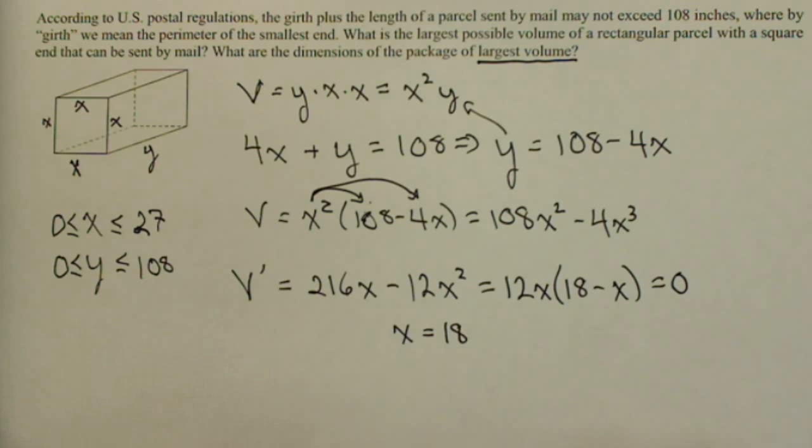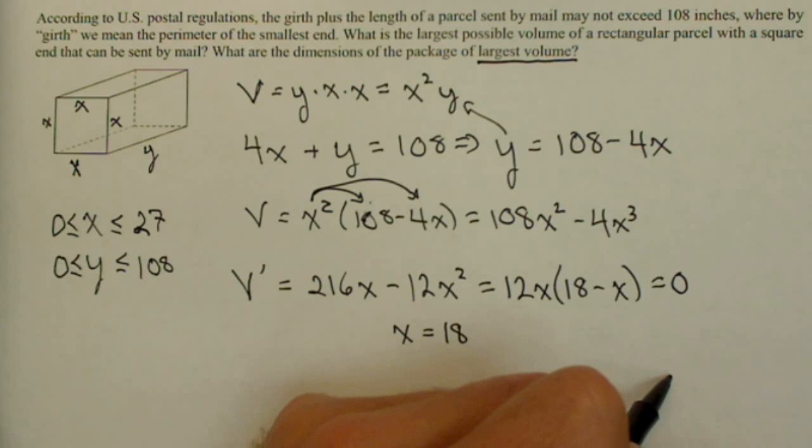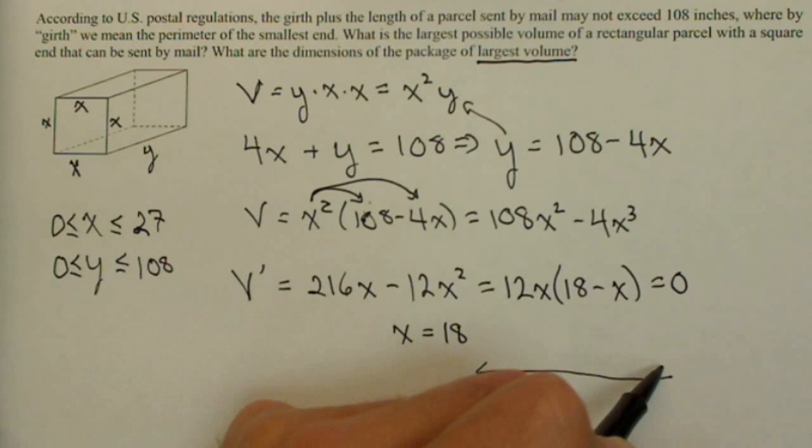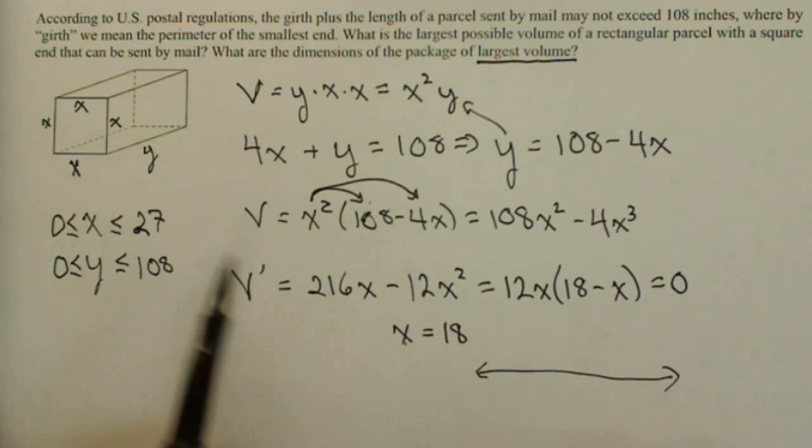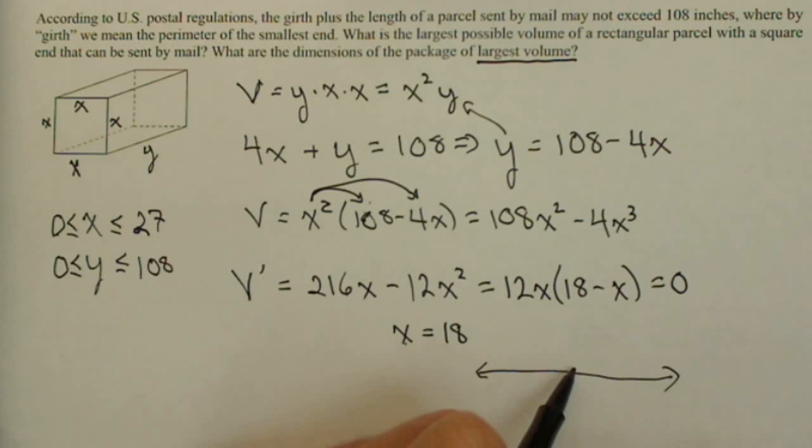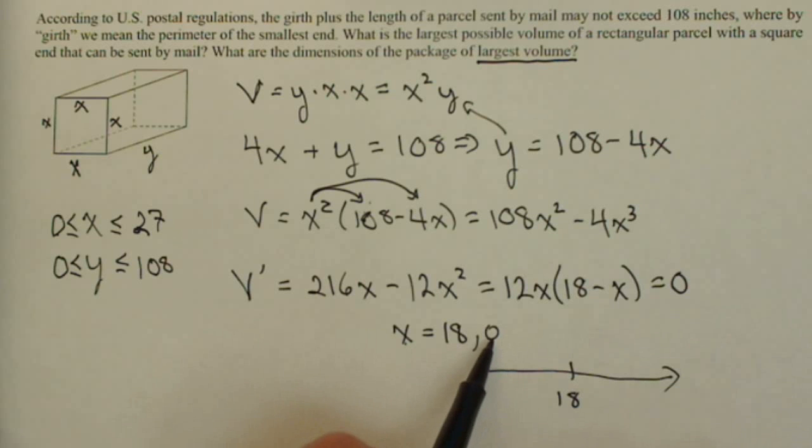Now, let's ensure that this is in fact a maximum. It's in between our constraints, between 0 and 27. So there's 18. We're only concerned with positive values. There's another critical point at 0, so maybe we should list that, but we're not concerned about that because this makes a volume of 0. That's going to be our minimum.